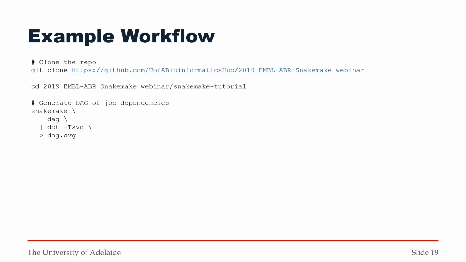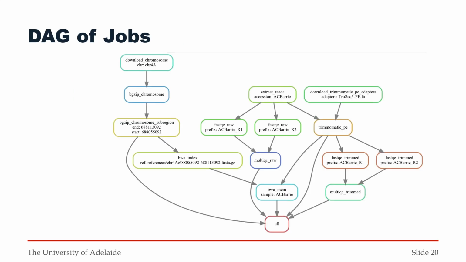Snakemake, by default, without telling it which file to use, will look for the rules in a file called Snakefile. With this repository, there is a Snakefile available with all of the rules specified. If we execute a command like this with the DAG argument, it will generate a directed acyclic graph of the jobs and their dependencies. So this is what this would look like.